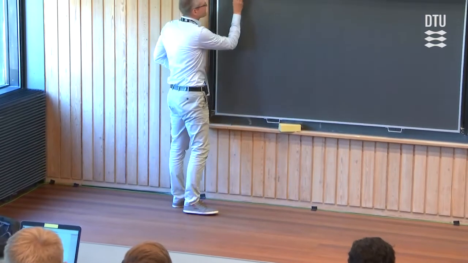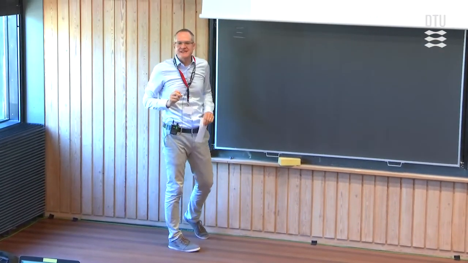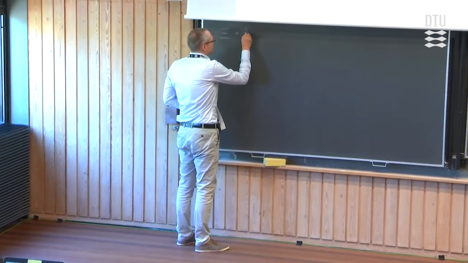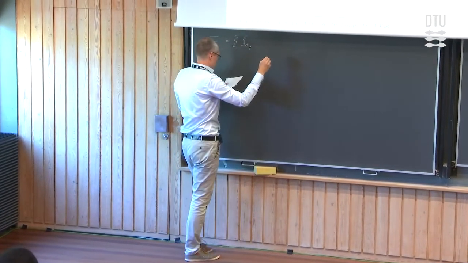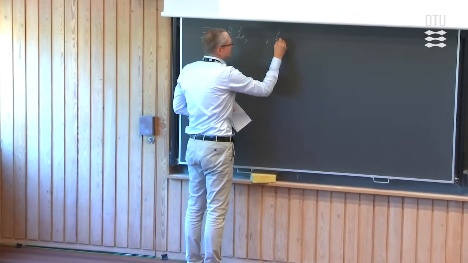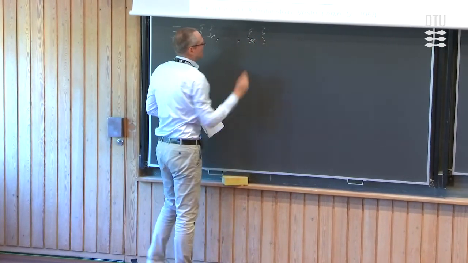So let's assume that our uncertainty set Xi is discrete and contains the points xi1 up to xi capital K. Okay?